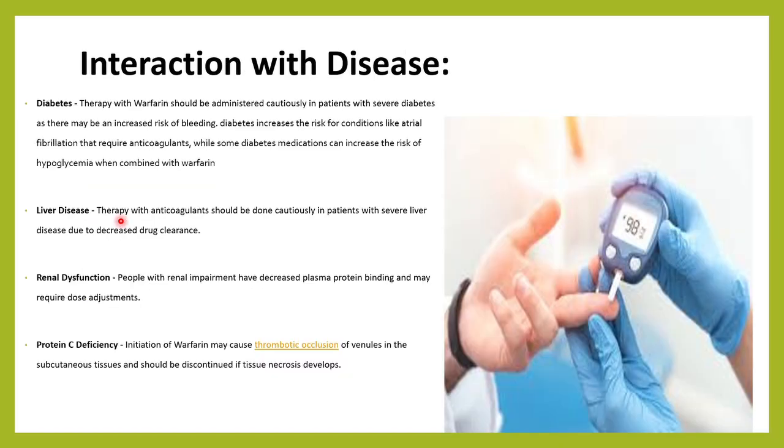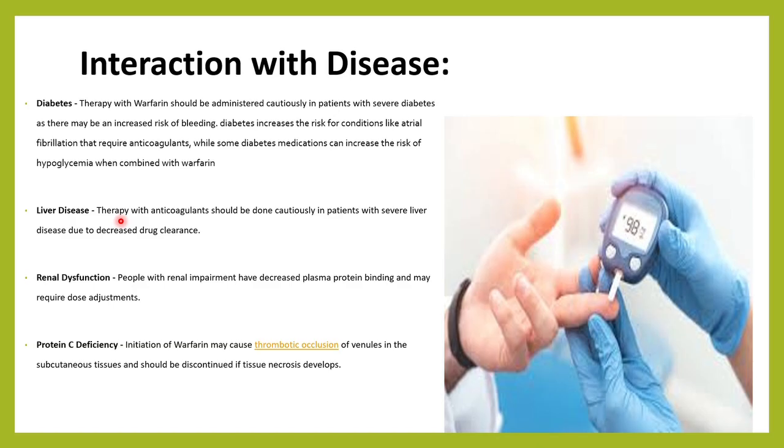Interaction with the disease, patients who are diabetic. In a diabetic patient, therapy with warfarin should be administered with caution, especially with severe diabetes, because one is they have an increased risk of bleeding, and diabetes increases the risk for conditions like atrial fibrillation, etc. So they will require anticoagulants.